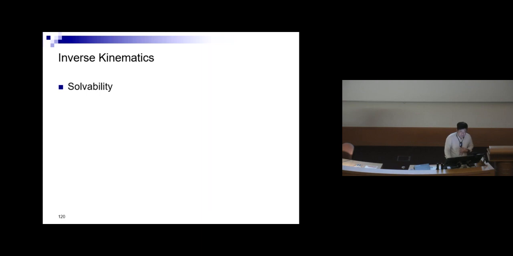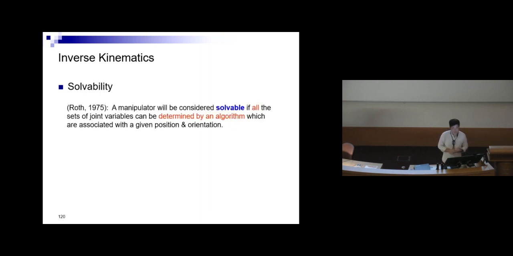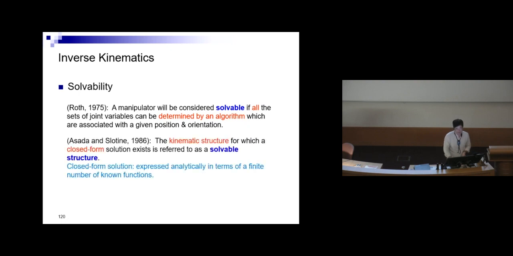Okay, we continue with solvability. There are some theorems that we need to consider. The first theorem says that a manipulator can be considered solvable if all of the set of the joint variables can be determined by an algorithm, which is associated with a given position and orientation. So this is solvable.